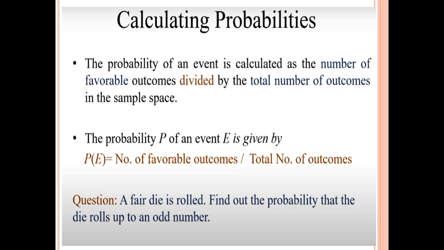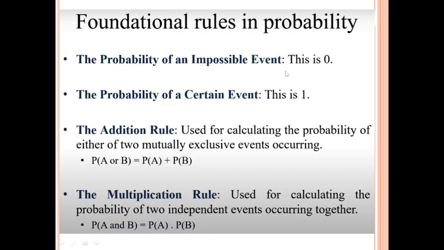So we try to understand probability with a very simple question. A fair dice is rolled. Find the probability that the die rolls up to an odd number. Here is the foundational rule in probability. The probability of an impossible event is taken as 0, and for a certain event it is taken as 1.